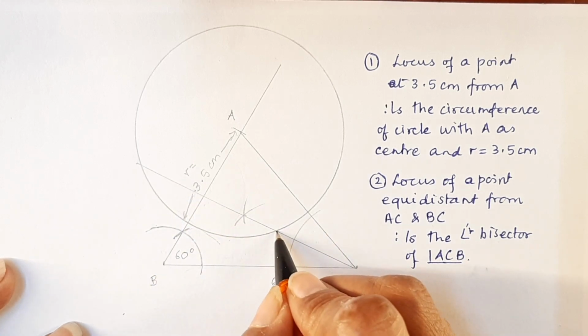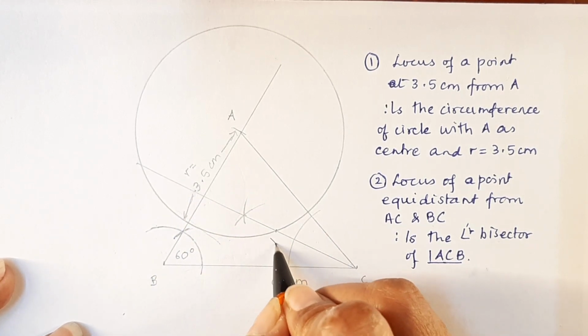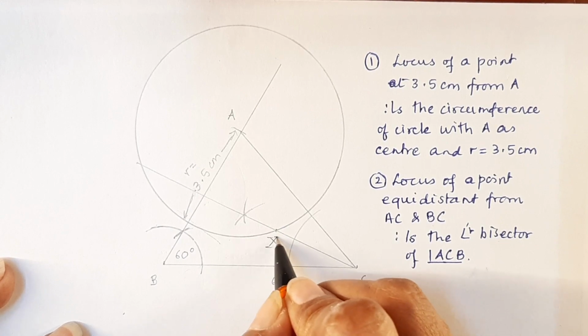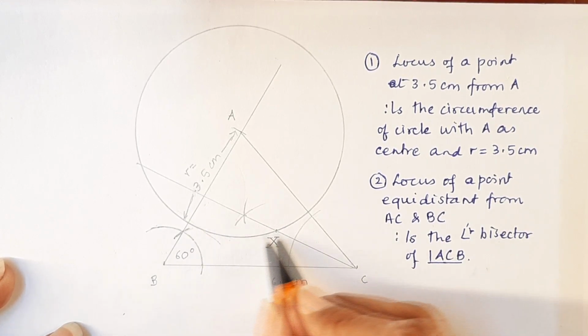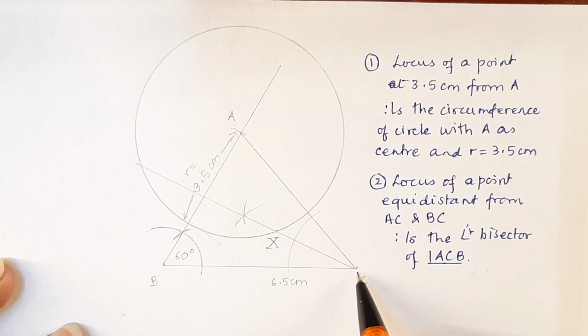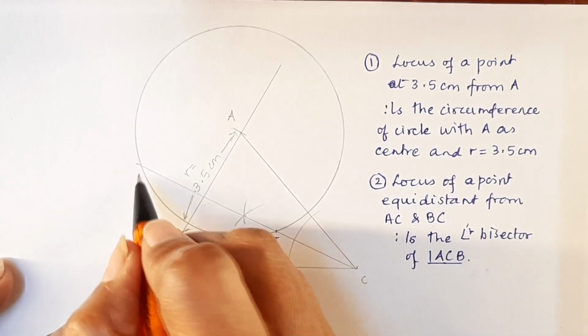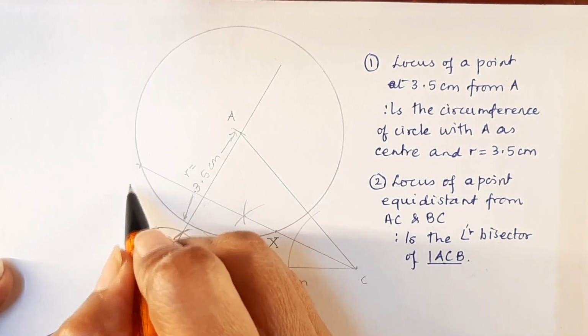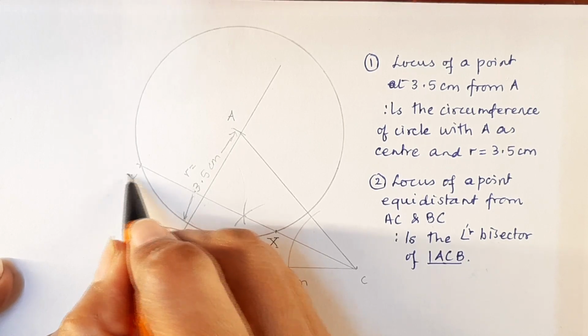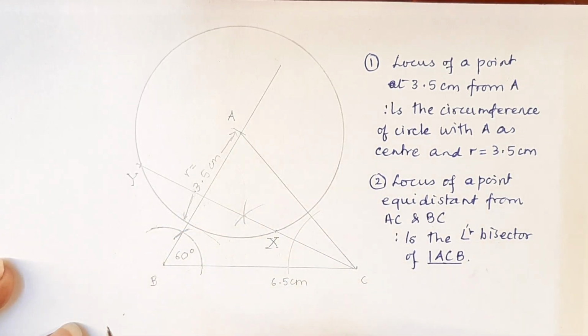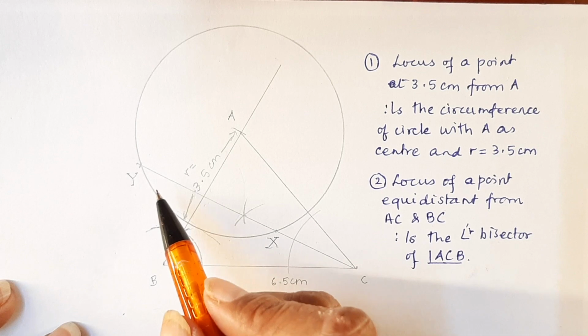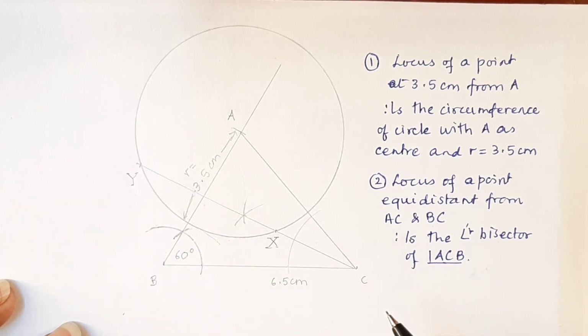So we will call this point as X because this is where the circumference and the angular bisector will be intersecting, and this will be our point Y because that also is the intersection of the two loci.